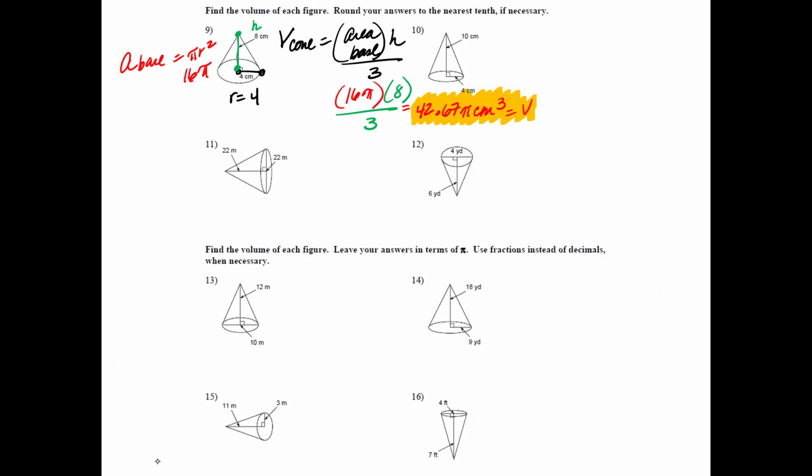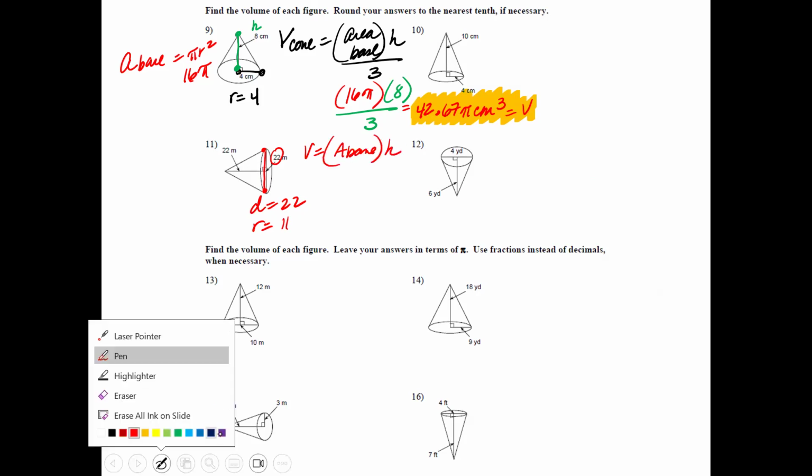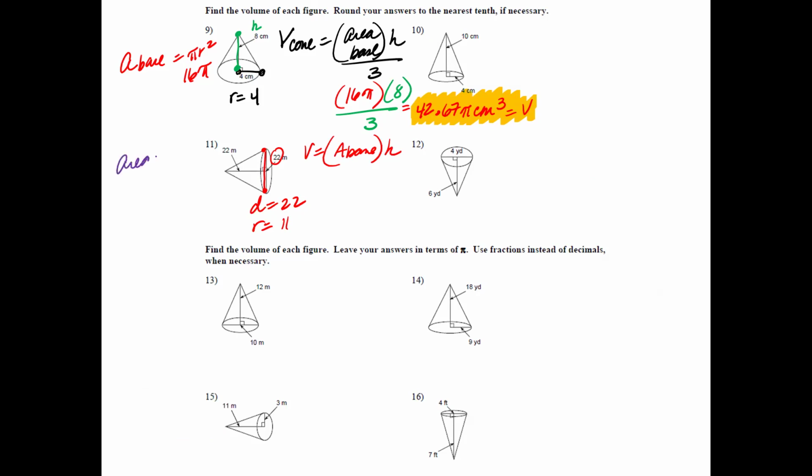For number 11, what is 22? Is it the radius or the diameter? Yep, because from here to here. If the diameter is 22, what's your radius? Good. So remember, your volume is going to be the area of the base times what? Okay. What's the formula for the area of the base?